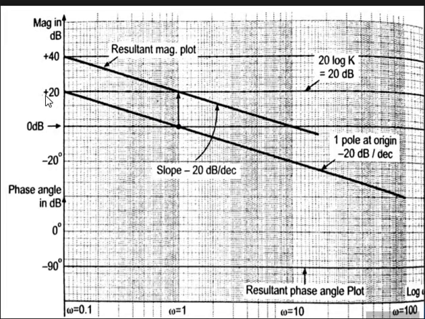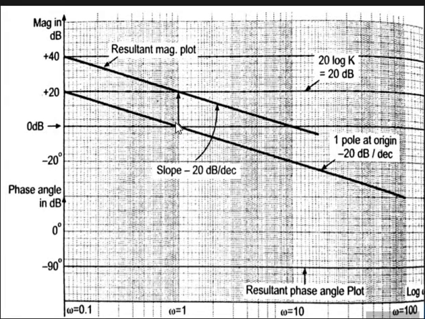So we draw the magnitude plot so that it reaches the 0 dB line at omega equal to 1. Per decade it decreases by only 20 dB, so it starts at plus 20, decreases by 20 to 0 at omega equal to 1.